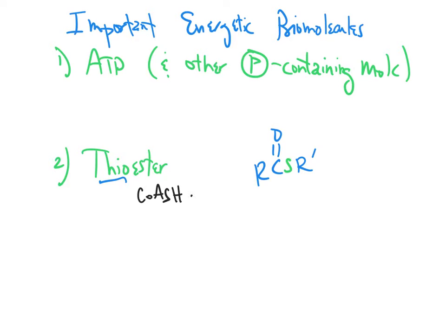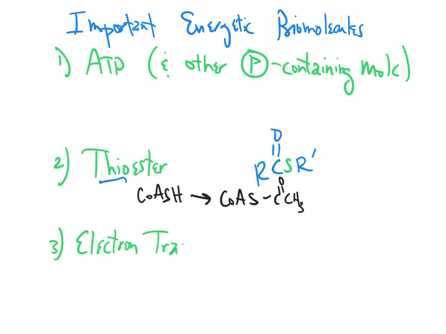When it's a thiol and it becomes acetylated, this is acetyl-CoA. The third type of molecule we're going to look at are the electron transporters, which I've already discussed.